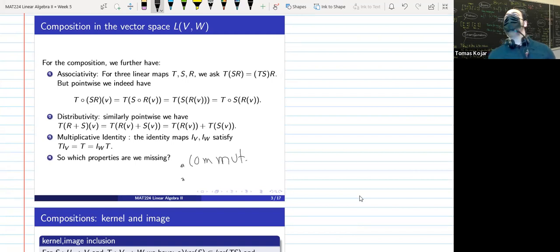Any other axiom we were missing? What do you think? From vector spaces or fields? Right. So we don't have an inverse. And when do we have an inverse? Do you know by chance? Like when is a map invertible?